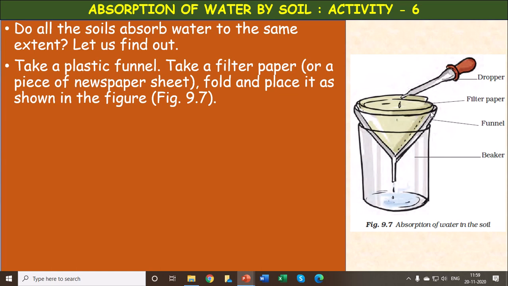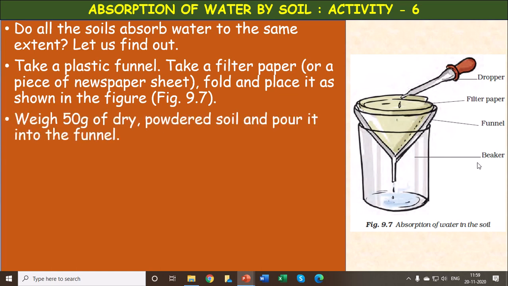We need these things. These are the requirements. So what we have done, we have arranged the setup: a beaker, a thistle funnel, and in that we have folded a paper, either filter paper or any newspaper.